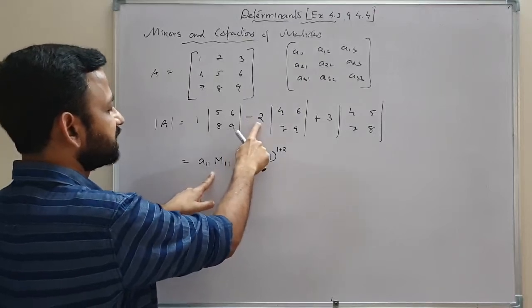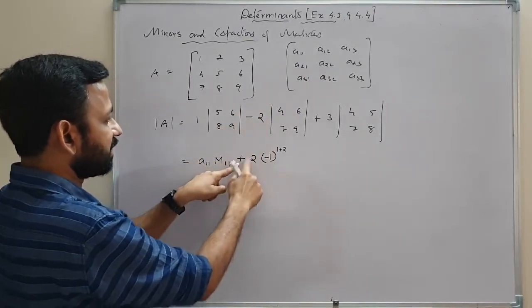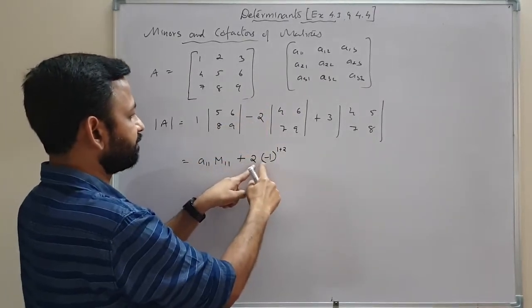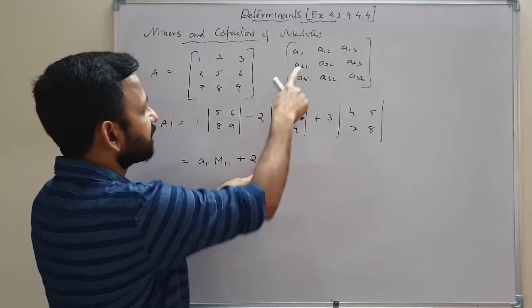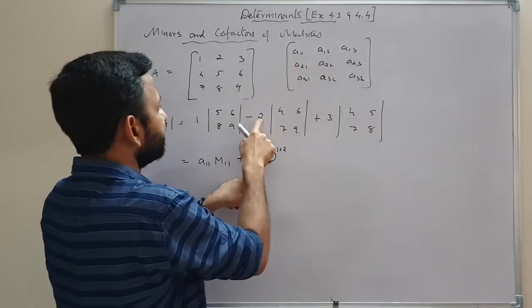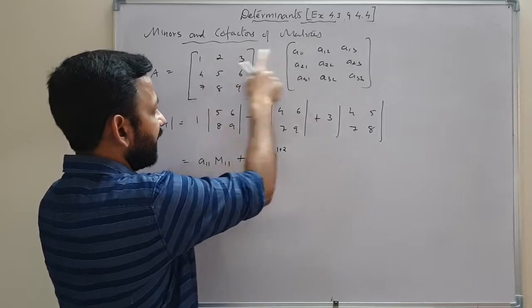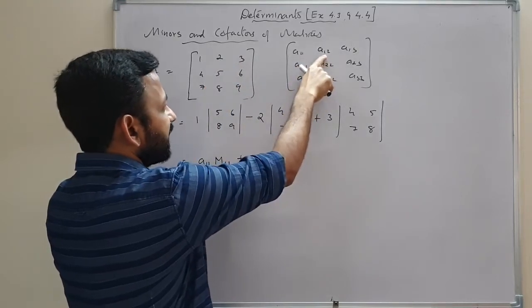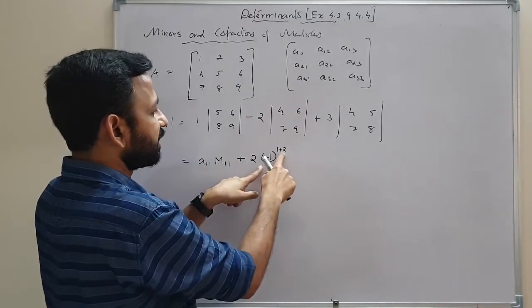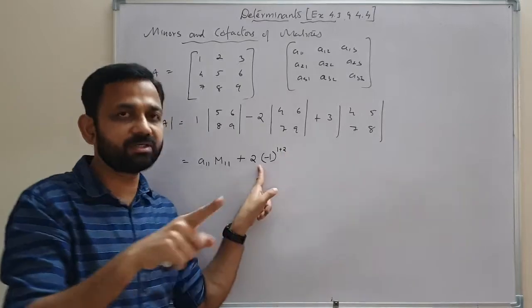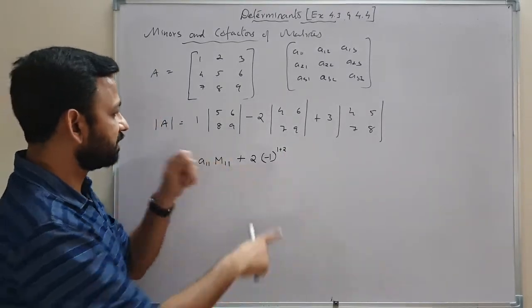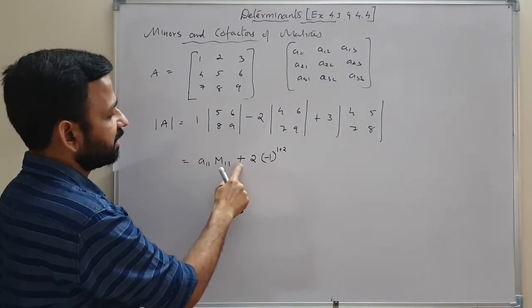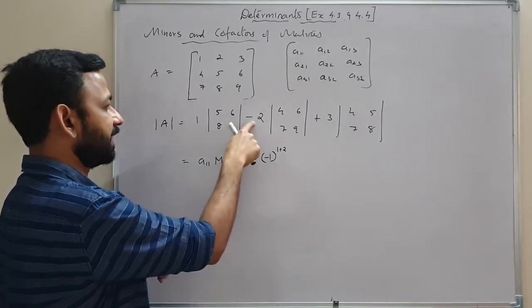Then the minus sign is there. That minus sign we can write like this: plus 2 into minus 1 raised to 1 plus 2, for this element A12. Minus 1 raised to 1 plus 2 is minus 1 raised to 3, that is minus 1. So that minus 1 into this minus will be negative.